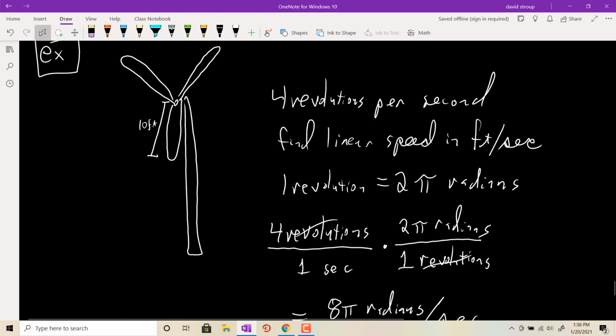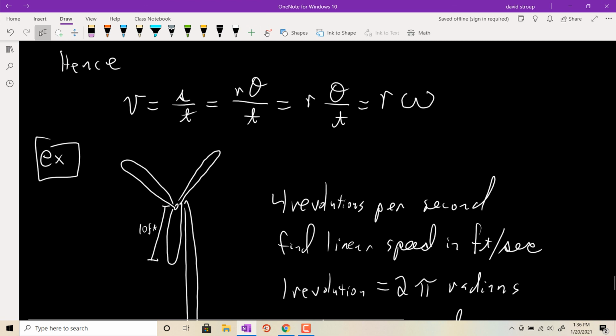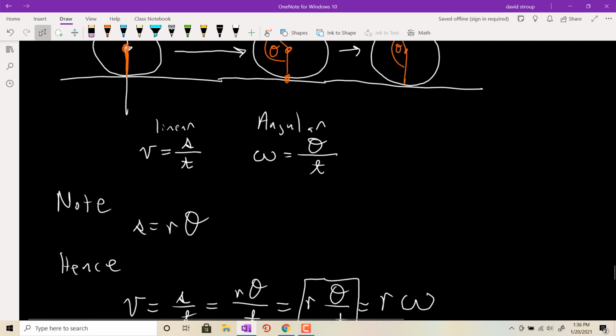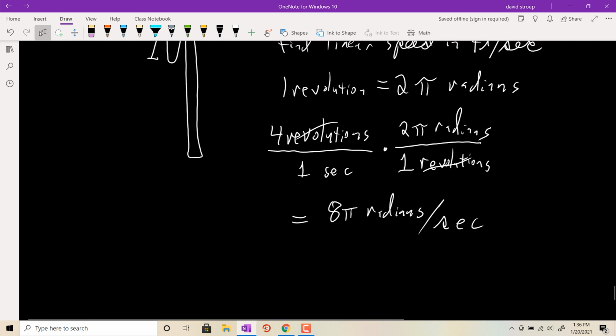To get then the linear speed, we can use this formula here. We just multiply, because what we have there is the omega, the theta over time. Here time is in seconds and theta is in radians.